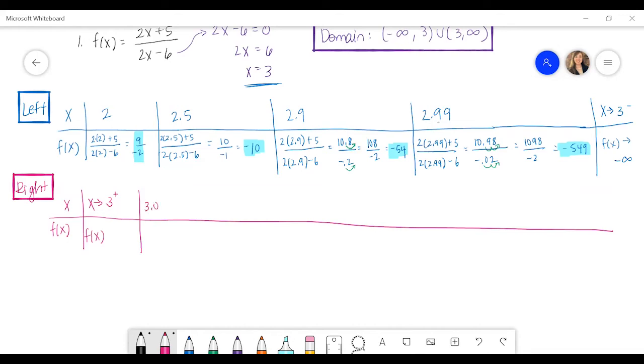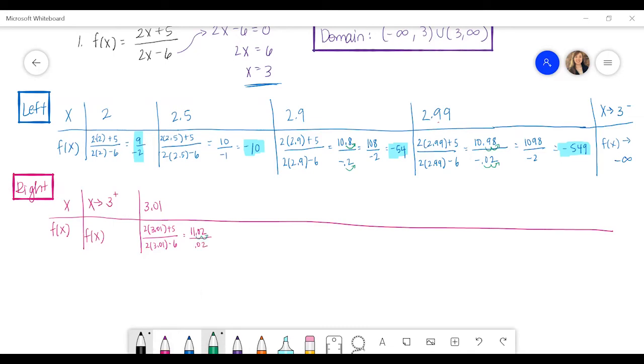So 3.01: 2 times 3.01 plus 5, divided by 2 times 3.01 minus 6. So 2 times 3.01 is going to be 6.02. Add 5, 11.02. Divided by 6.02 minus 6 is just going to be 0.02. Again, same story as before.